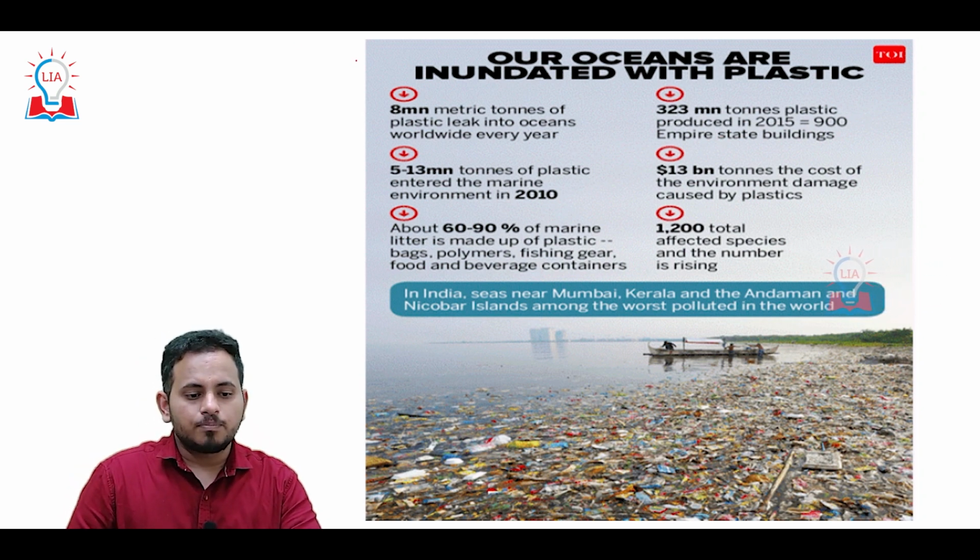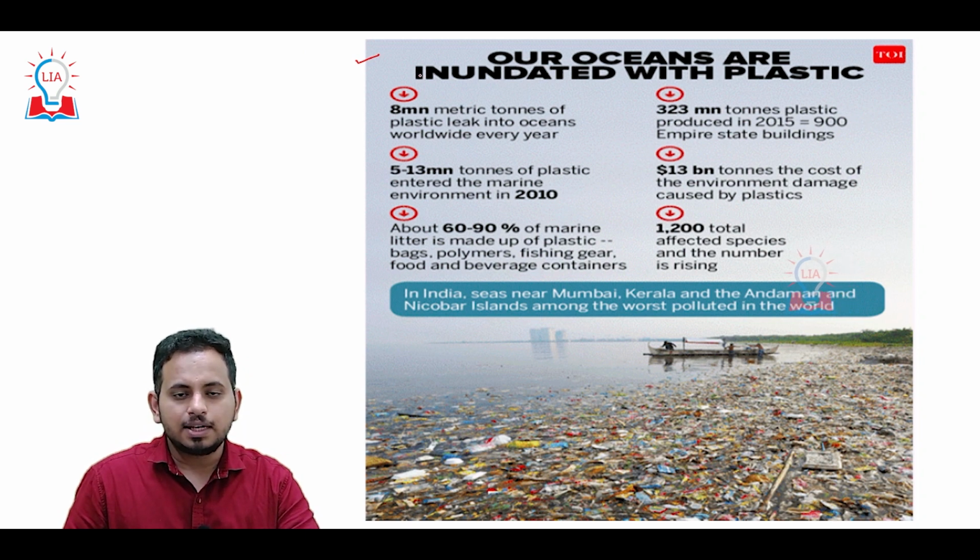You can see here in this image the hazard that the plastic is causing to the aquatic life. Every year, 8 million metric tons of plastic gets into our oceans, that is our aquatic body or aquatic ecosystem as such. 8 million metric tons of plastics are let out every year. 60 to 90% of marine litter is made up of plastics.